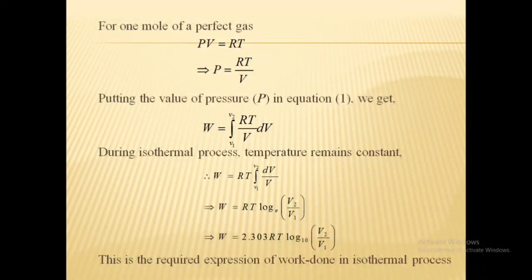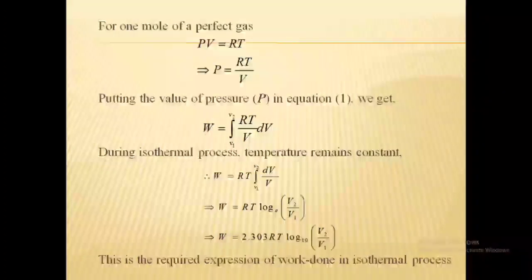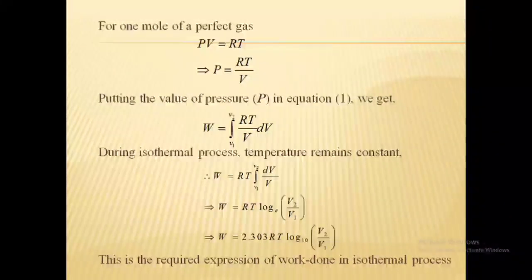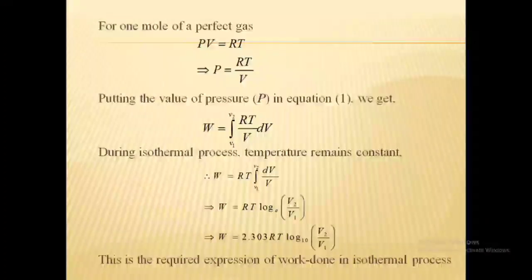During an isothermal process, temperature always remains constant. That's why, since R and T are constants, both terms come out of the integration, and we can write W equal to RT integral from V1 to V2 of dV by V.